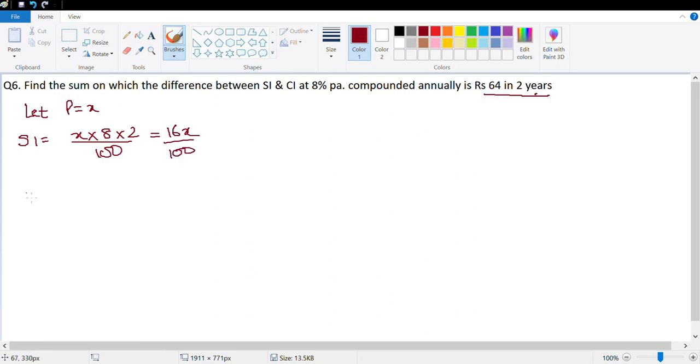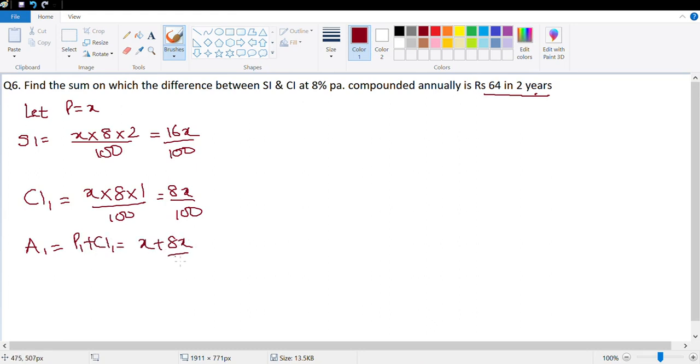Now let's calculate compound interest. So compound interest for the first year, again, principal into rate into first year upon 100, which is equal to 8x upon 100, which means amount 1 is equal to principal 1 plus compound interest 1, which is x plus 8x upon 100, which is equal to 108x upon 100.